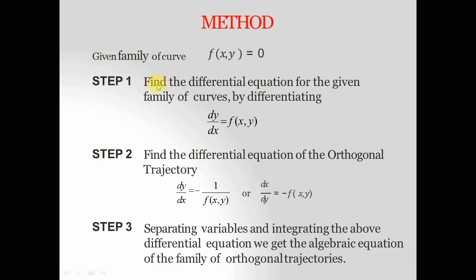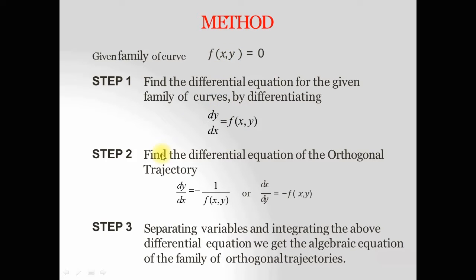In the first step, find the differential equation for the given family of curves. By differentiating this function, we obtain the differential equation of the given family of curves, dy/dx = f. Suppose this is the differential equation of the given family.